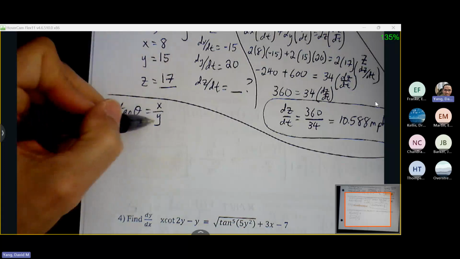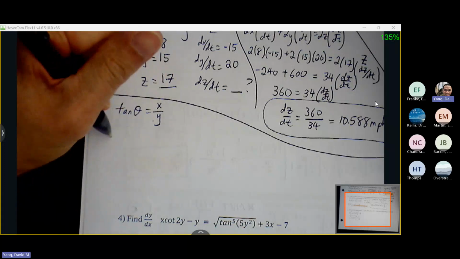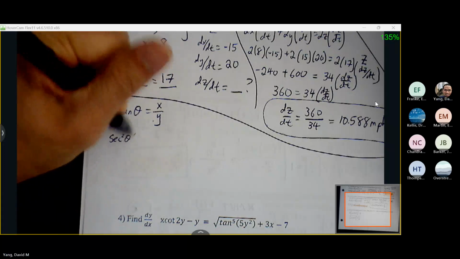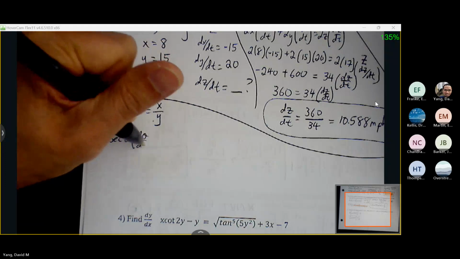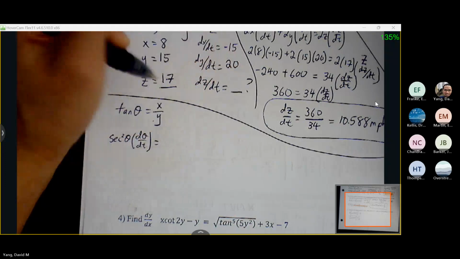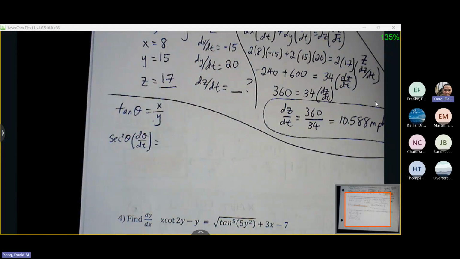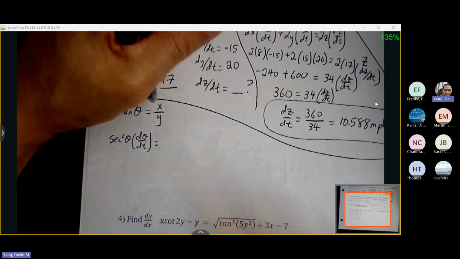Find the derivative, quotient rule on the right side: f prime g minus f g prime.